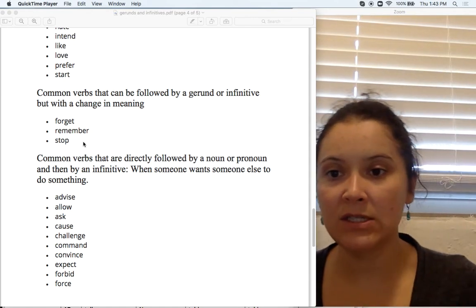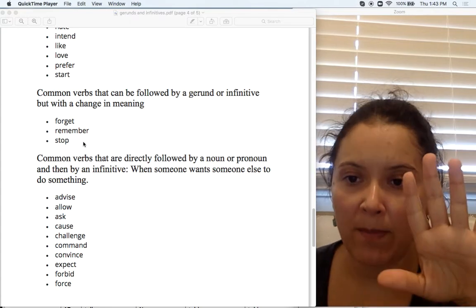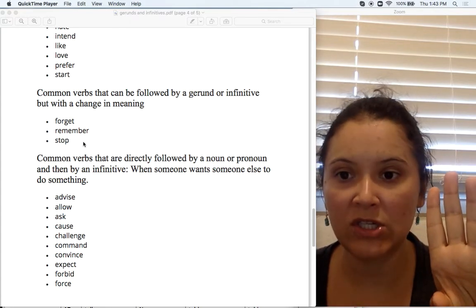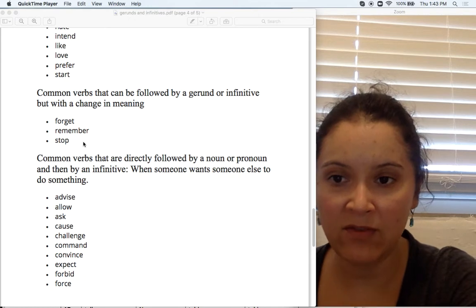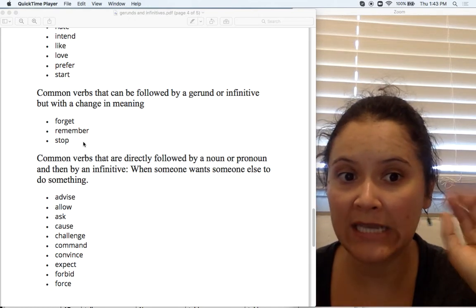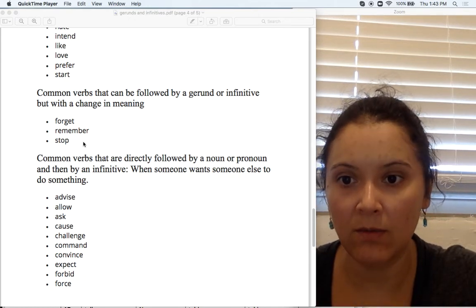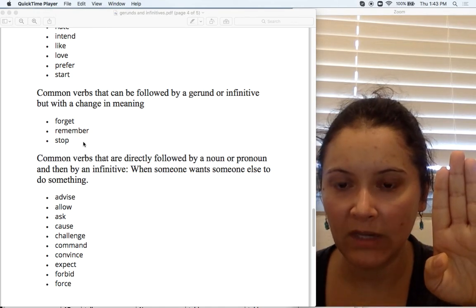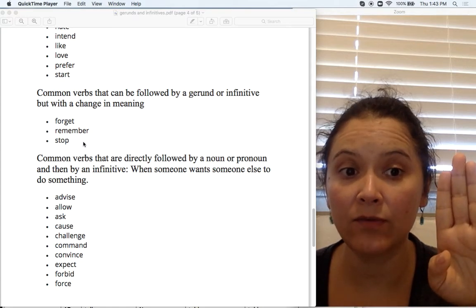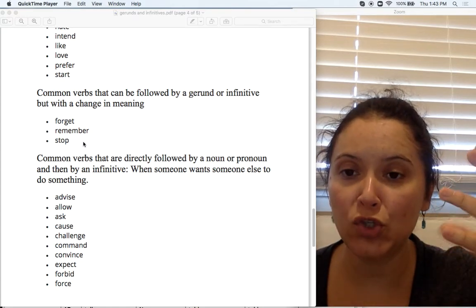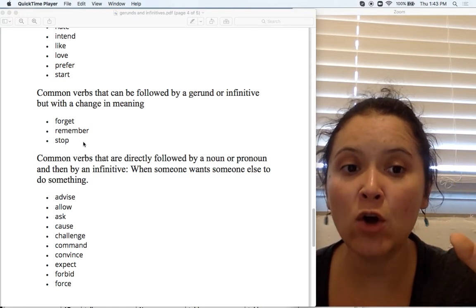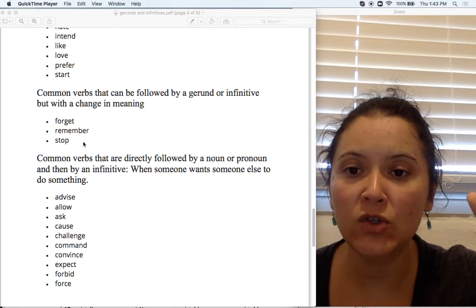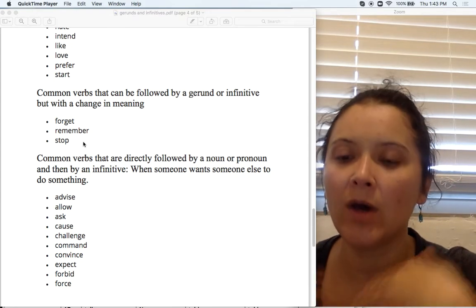You see that difference? So when you have stop and the gerund, which is the ing, I stopped driving, that's it. You're just telling me what you stopped doing, right? But when you use stop and then the infinitive, then you're telling me that you stopped an action and now you're telling me why. You stopped an action to do another action.